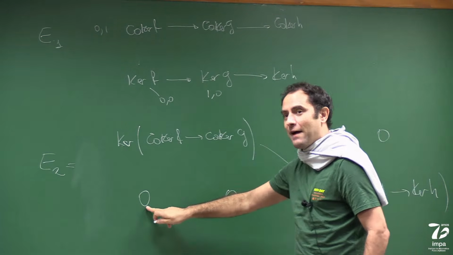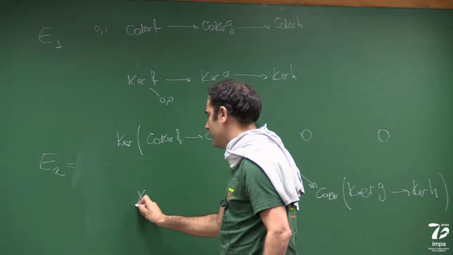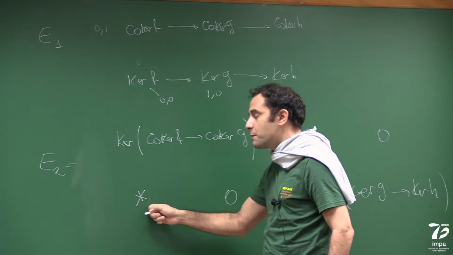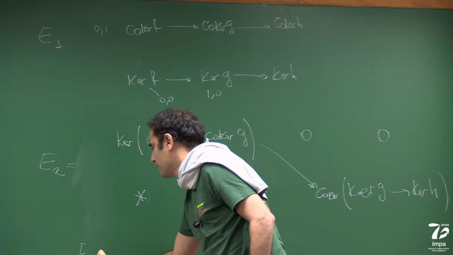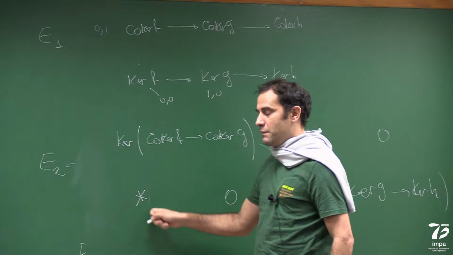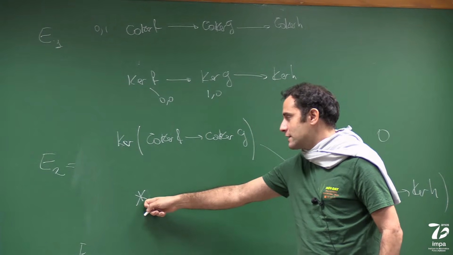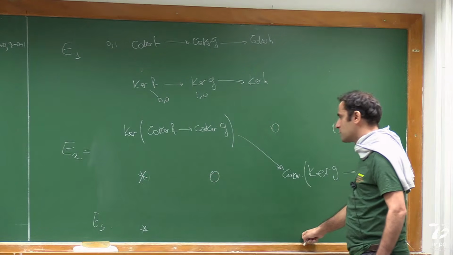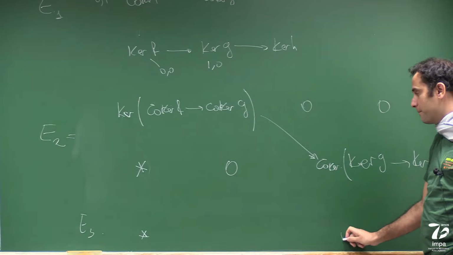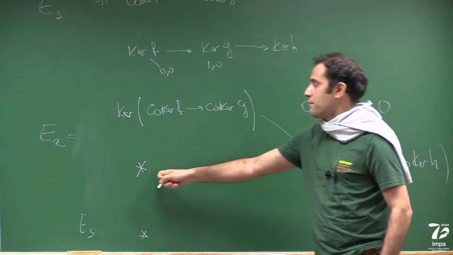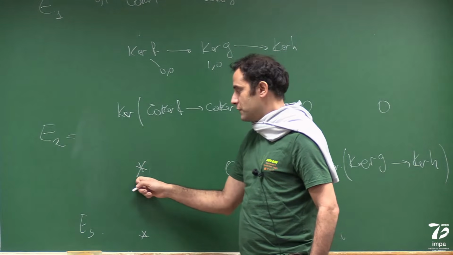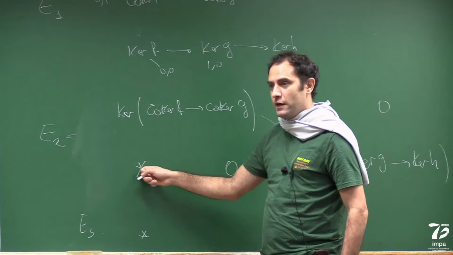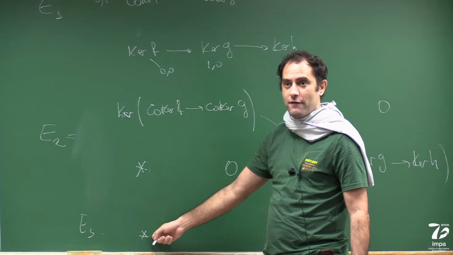And if I have something non-zero here in E2, it's going to be non-zero in E3. Because the only differential that can kill something here, this is in the kernel of the differential. The differential from here is going to go down here, which is 0. And it can never be in the image of the differential. So anything that is here is going to survive in E3, and it's going to survive forever.